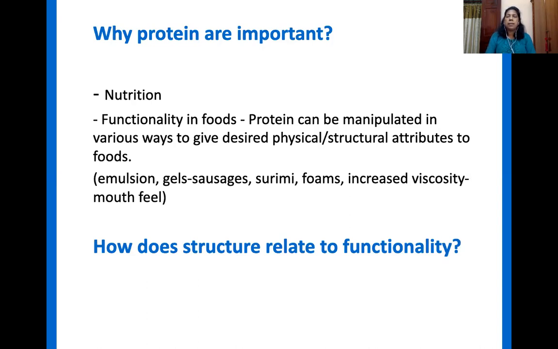We manipulate the protein to get these kinds of attributes, for example emulsions, gels, sausages, surimi, foams, increased viscosity or mouthfeel.